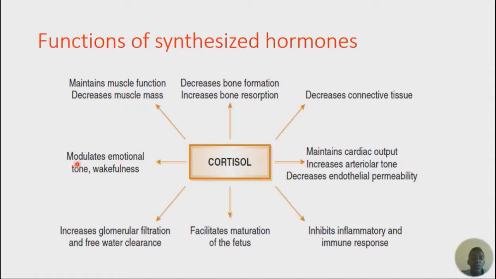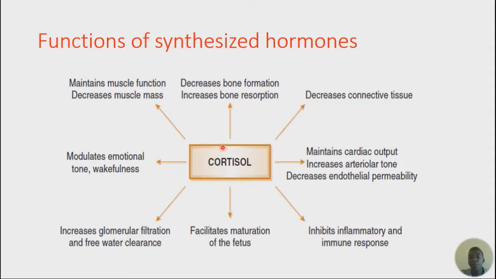Then cortisol modulates emotion, tone, and wakefulness. You are very awake during stress, and stressed people rarely sleep. Cortisol also maintains cardiac output and increases arteriolar tone. It decreases endothelial permeability of the blood vessels.